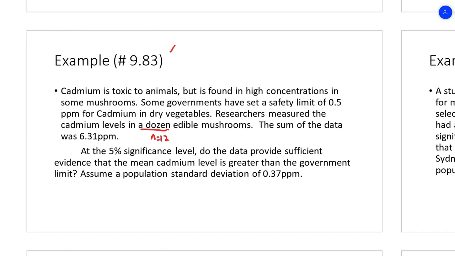Some of the data was 6.31. That means I'm going to have to calculate my own sample mean. So the sum is 6.31. There were 12 items in the sample, so take 6.31 divided by 12. 0.526 if I round it to 3 decimal places.